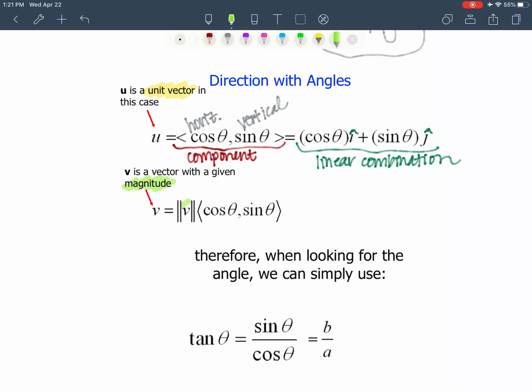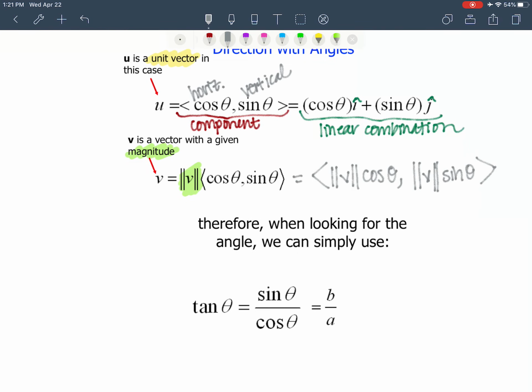So when we've got that magnitude, we can multiply that magnitude on the outside of the unit vector, which can also be distributed, because that's what you do with a scalar on the outside of the component form of your vector.